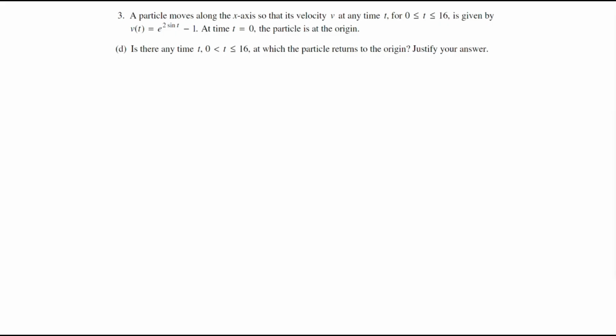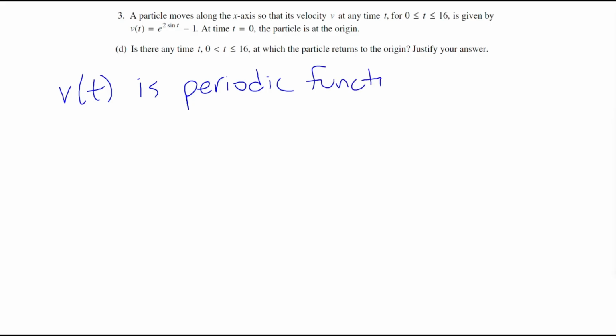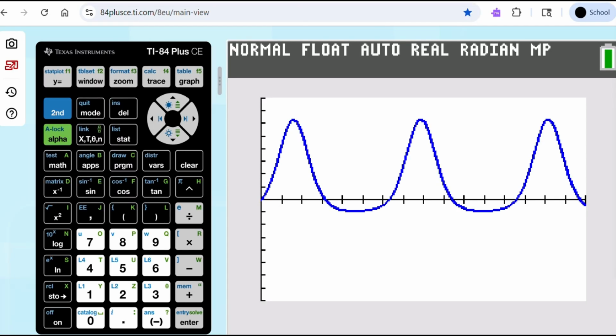So we know that v of t, I guess probably the best word for it, is periodic. Right, so we'll call it a periodic function that repeats every, if we look, it repeats every 2 pi. Okay?